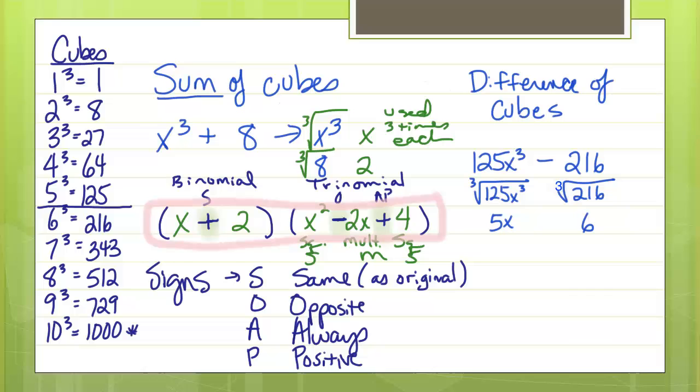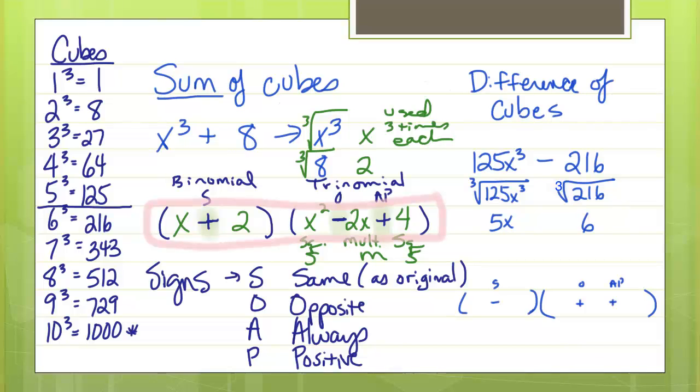So we're going to have our binomial and our trinomial. I'm going to use SOAP first, and try to do this on your own if you haven't already. Now, same sign means the same sign as the original. So we had a difference this time, so that's going to be a minus. This is going to be the opposite of what we just wrote, and this one's always positive.